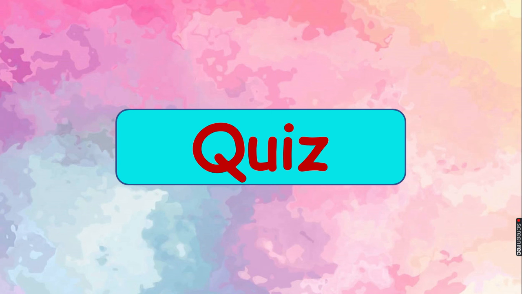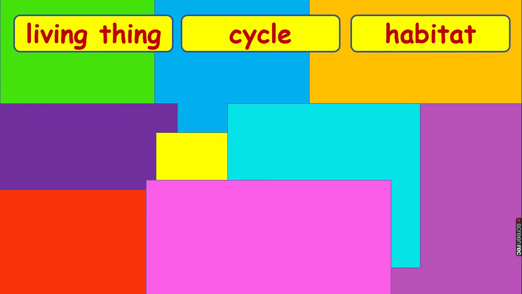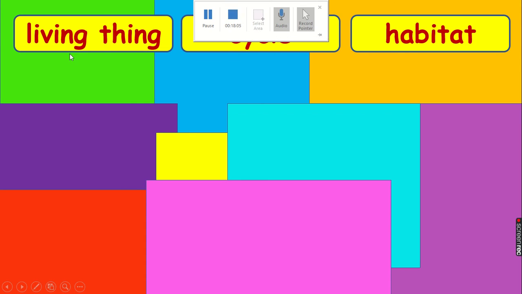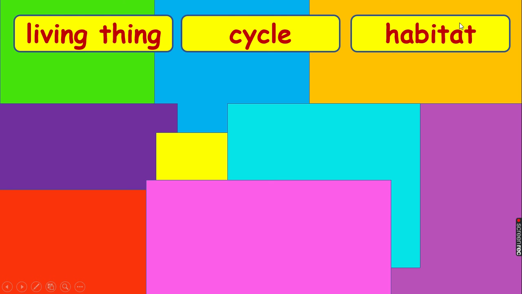Okay, now we're going to have a very quick quiz. Quiz is usually very quick. It's to test your understanding about those keywords that we talked about. So what we're going to do is I will have some words here like living thing, cycle, habitat, and then I'll slowly remove the rectangles and you will try to guess or try to say the correct answer as fast as you can once you know it.